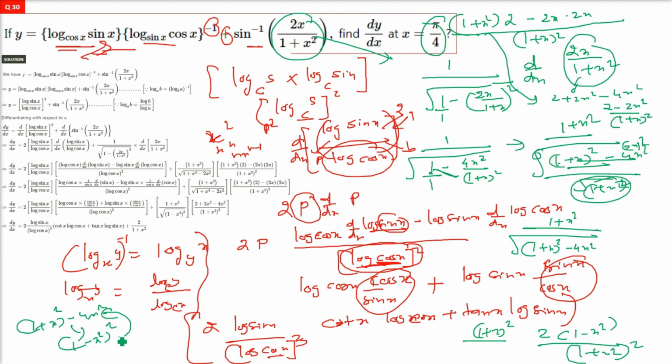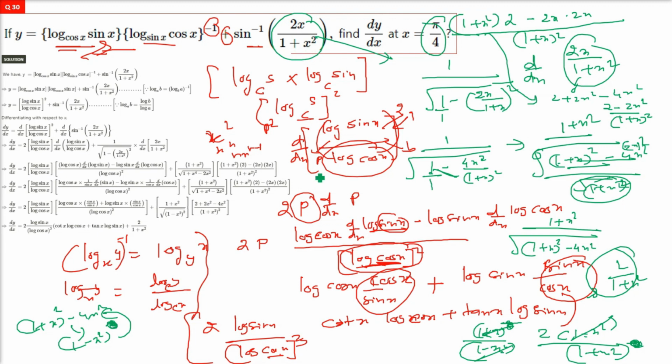Since it is under the root, only 1 − x² will come. So 1 − x² gets cancelled, and one of the (1 + x²) factors in (1 + x²)² will cancel. So the final will be only 2/(1 + x²). So this is the final result.